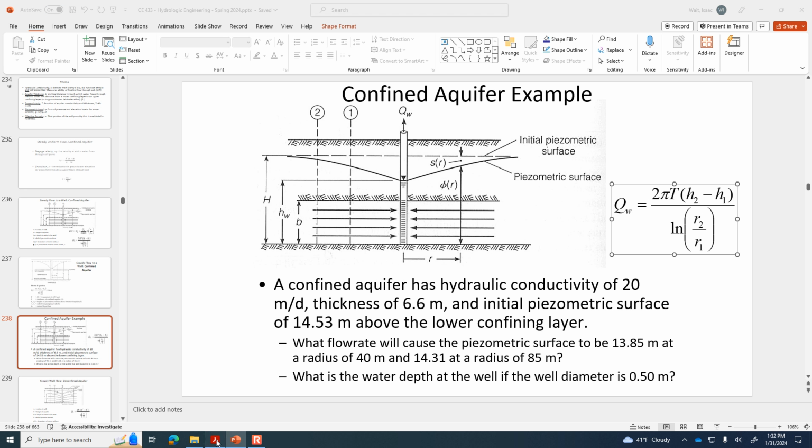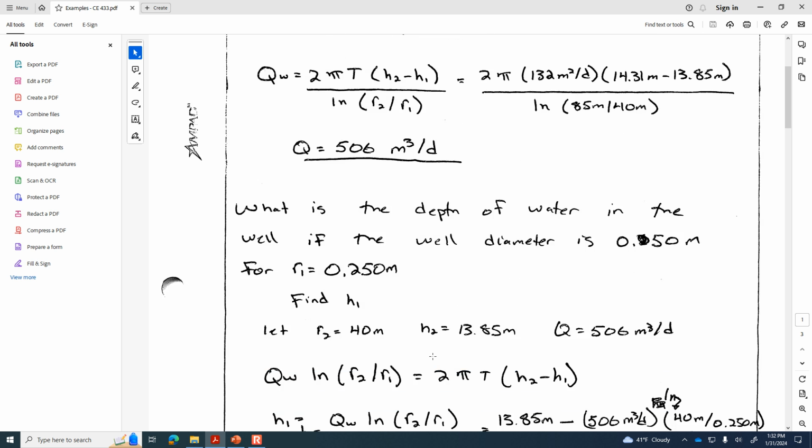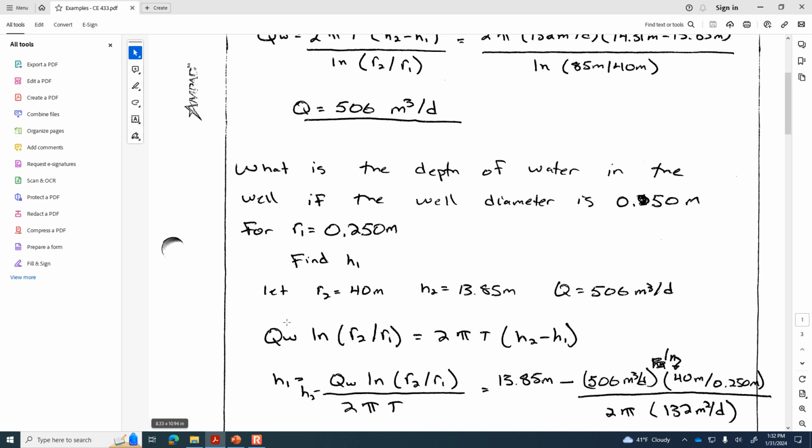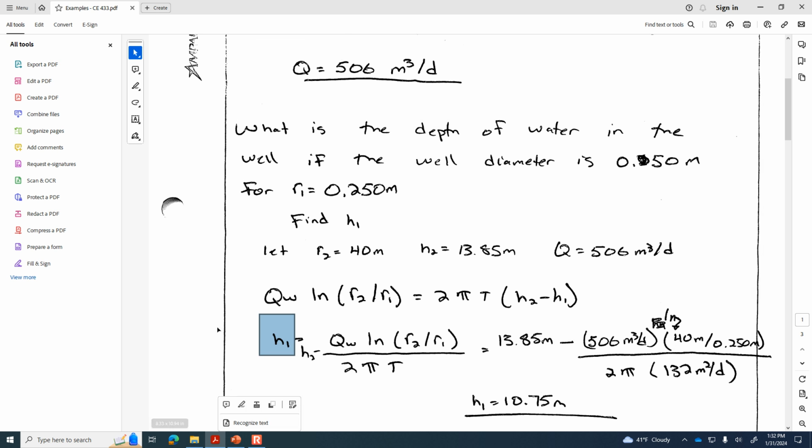So first things first, rearranging the equation to solve for H1, the height of the water at the well. So H1 will be H2 minus the flow rate through the well times the logarithm of the radius ratio, and then in the denominator 2 times the transmissivity.